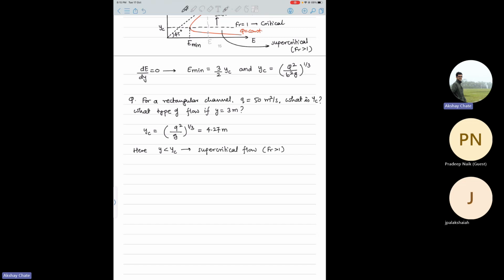Just to give the context, if the Froude number is around 2, you will lose around 5 to 15% of your flow energy. But if it is around 9 or 10, you will lose around 70 to 80% of your flow energy. So basically, a high Froude number results in high energy loss.